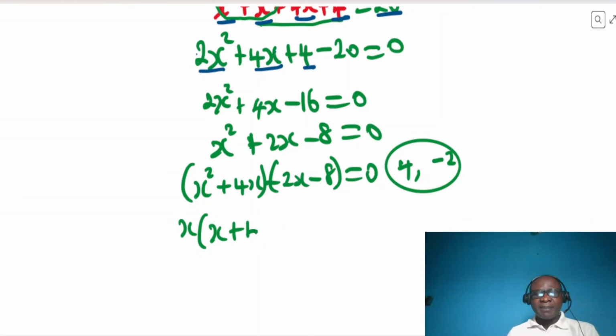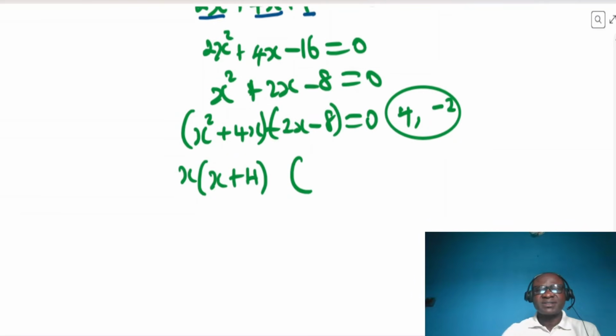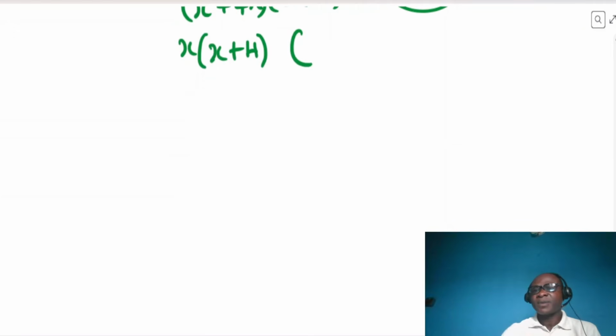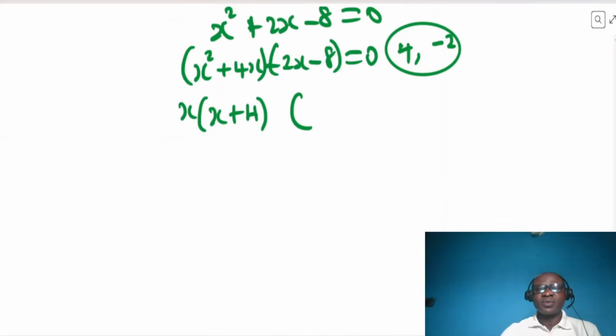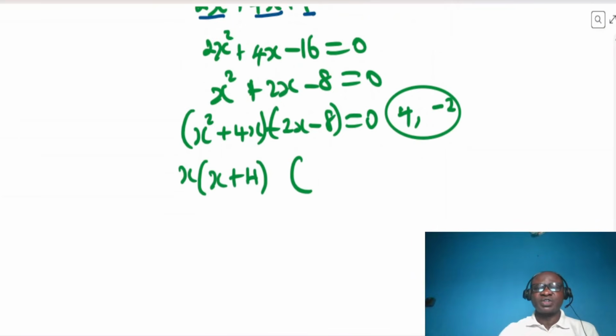Mona, I don't mind if you help me to find what is common in the second bracket. Minus 2 is common, so that here we remain x plus 4.